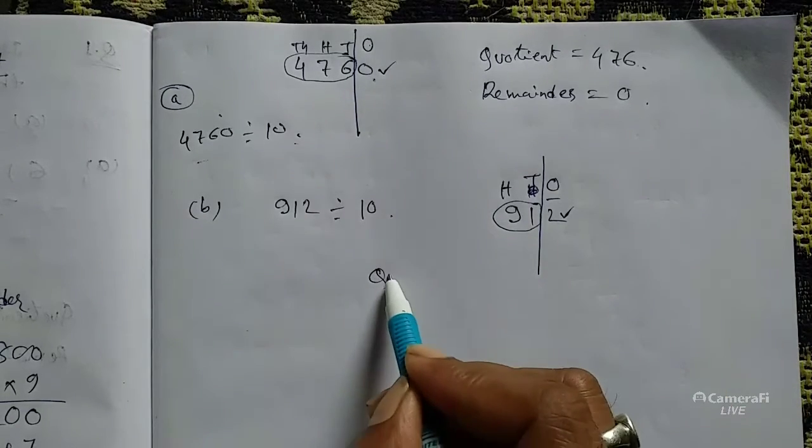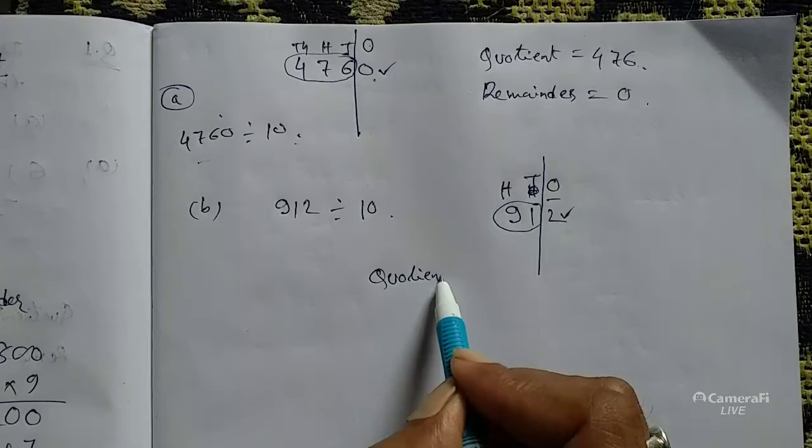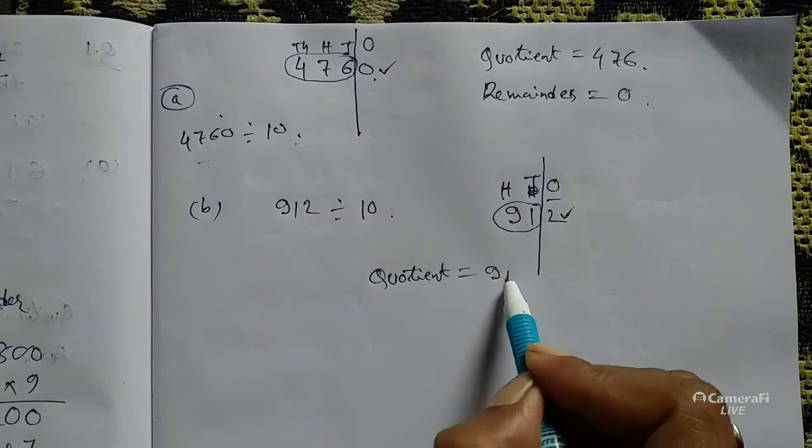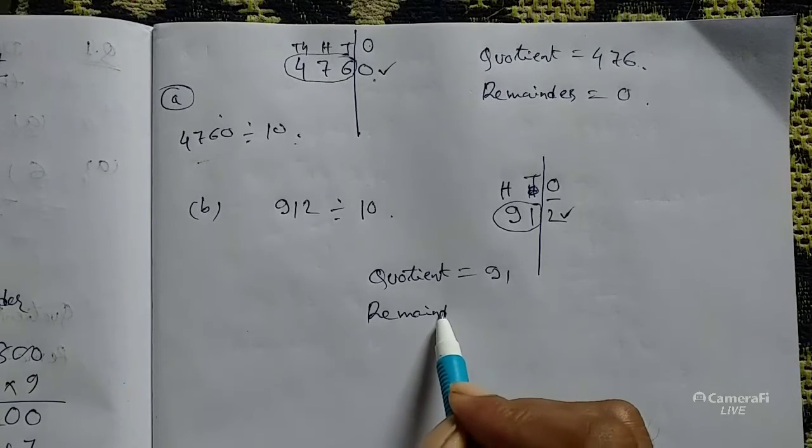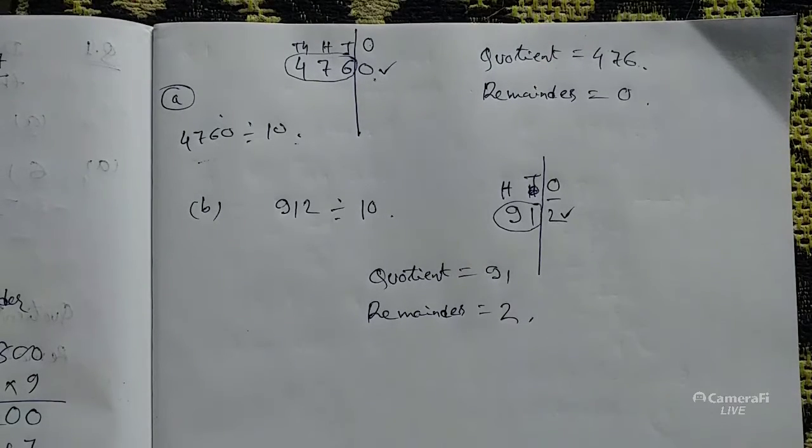So here the quotient is 91 and the remainder is 2. So in this way we can find the quotient and remainder whenever a number is divided by 10 only, not any other number. If the number is divided by only 10, then we can proceed in this way.